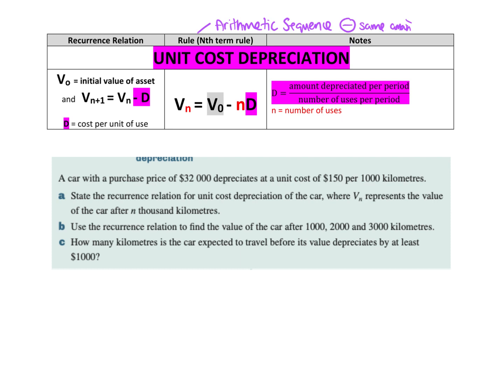With this one, they're saying every time you use it, it takes away value from the machine or the item. So for some things, like a lawnmower, if you got a brand new lawnmower and it sat there and it didn't get used, it would still probably be worth the same amount. The second you start using it, it's going to depreciate. Now, if I use my lawnmower more than someone else, it's going to wear out. So this is what this type of depreciation is.